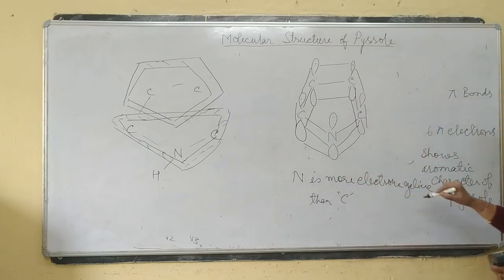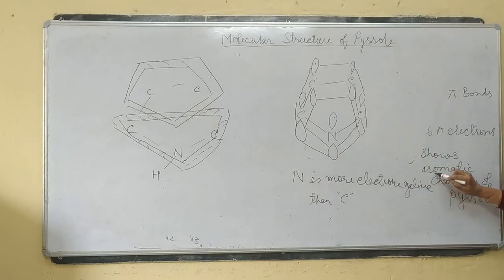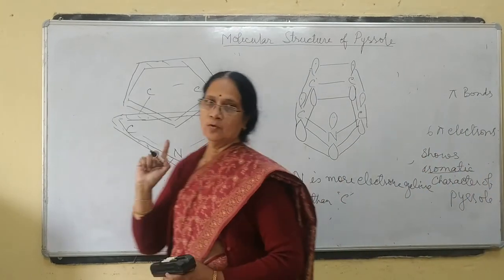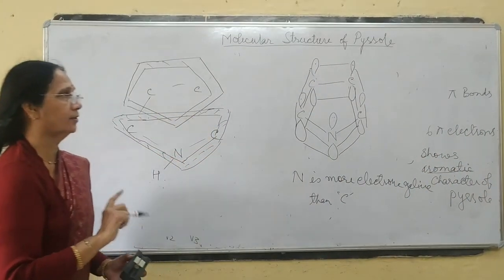This shows their aromatic character, or these 6 pi electrons are responsible for the aromatic character of pyrrole.